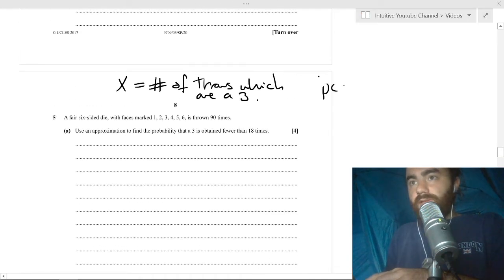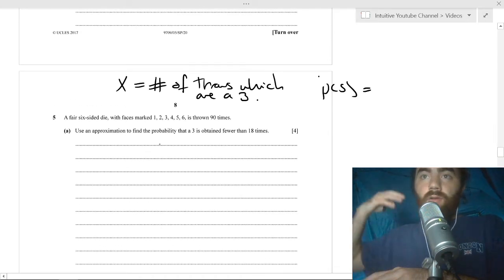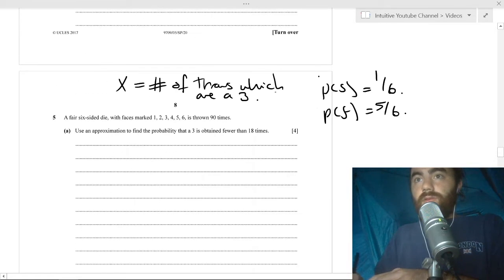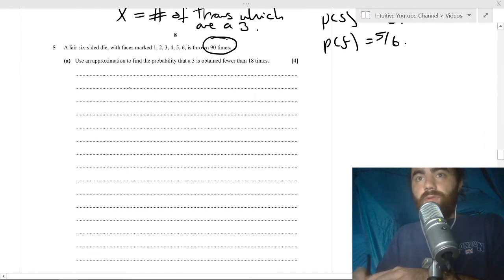Right, well, the probability of success in this case is the probability that on any roll we do throw a 3, which is just 1 over 6. That means the probability of failure is 5 over 6. So from this, for 90 throws, we can find the mean and the variance of this binomial distribution.